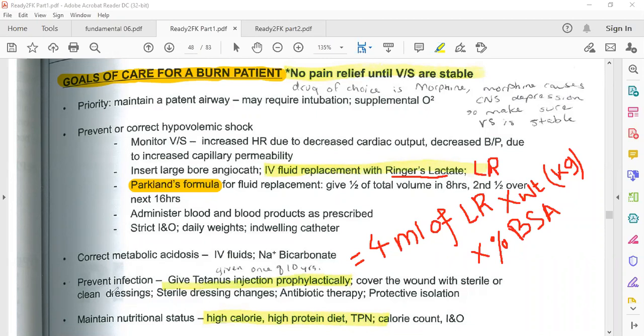Let me recap: how do we prevent infection? Give them a tetanus injection as prophylaxis, cover the wound with a sterile or clean dressing, and change the sterile dressing. Give them antibiotics and protective isolation, right?